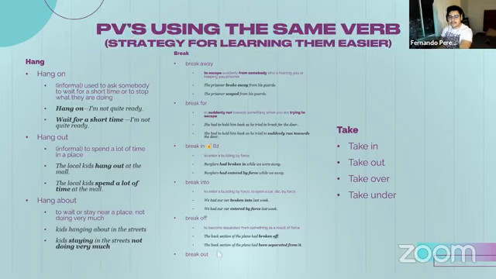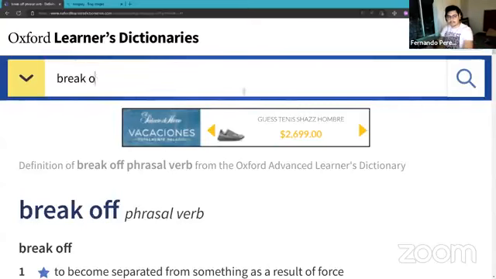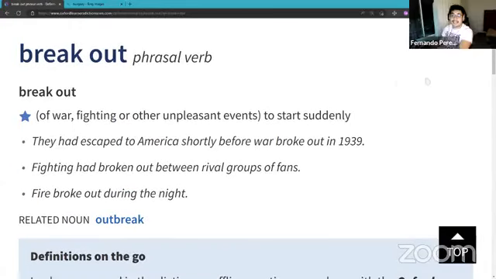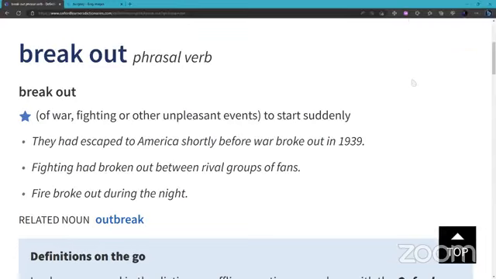Now let's go with breakout. Breakout room. Yes, the back rooms? What are you talking about? When the breakout room in Zoom. Breakout room.